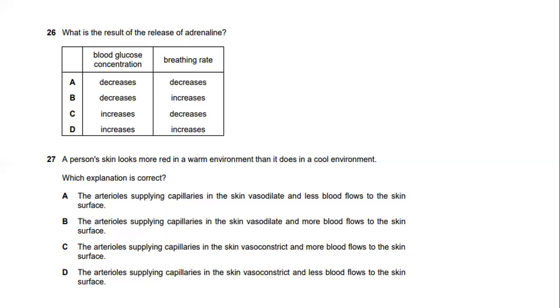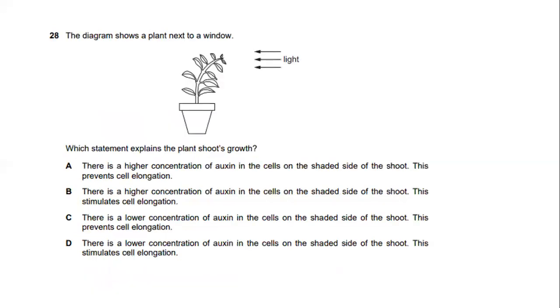So the answer is the arterioles supplying capillaries in the skin dilate and more blood flows to the skin surface. That's why your skin looks more red in a warm environment, so that sweat evaporates from the skin surface, cooling it, and the erector muscle relaxes, so the hair lies flat on the skin and traps less air. The answer is 27B.